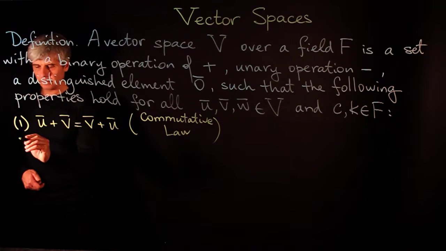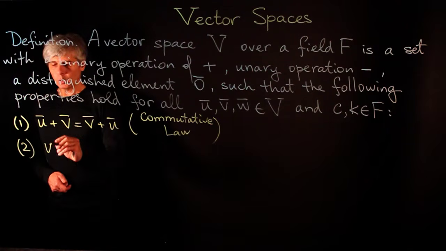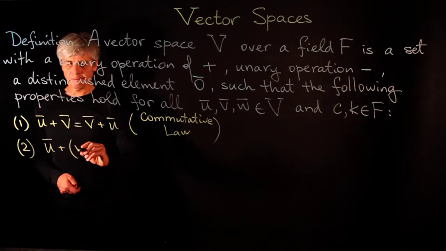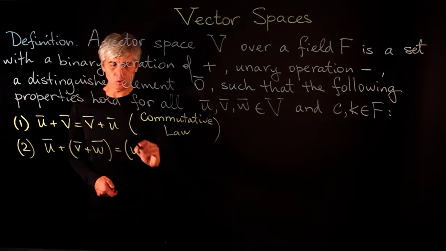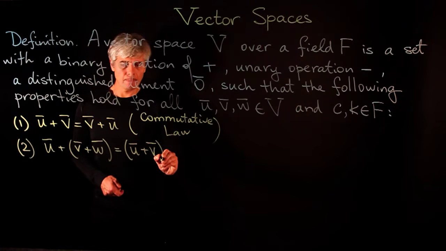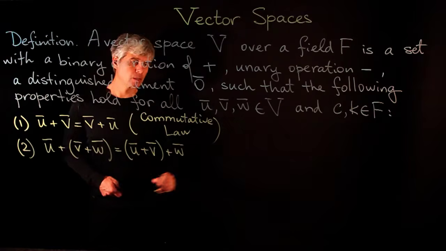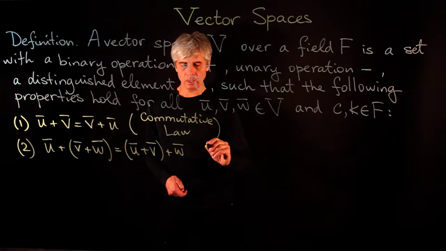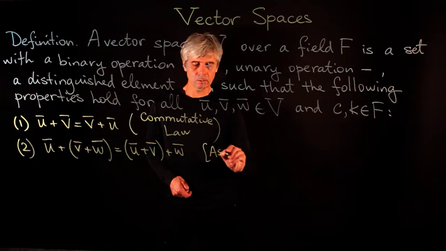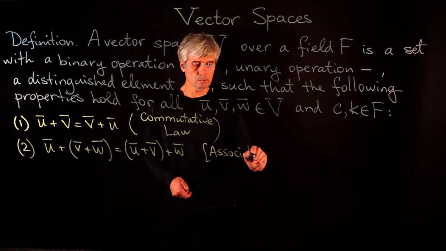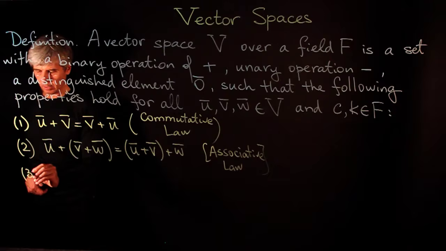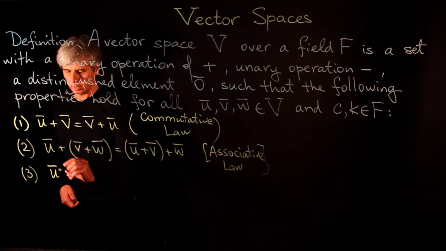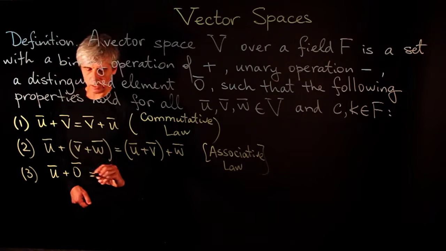And 2. u plus v plus w is the same as u plus v plus w. So this is associative law. Then next one is u plus 0 is equal to u.